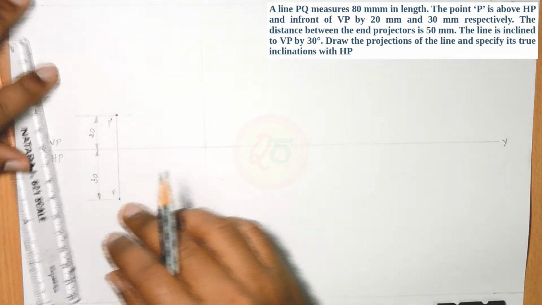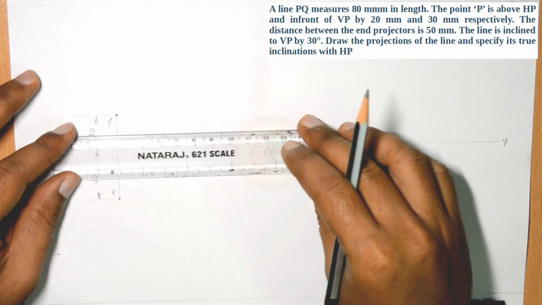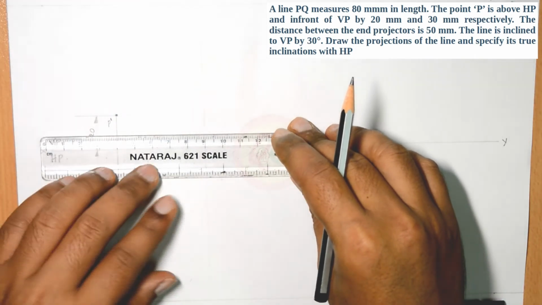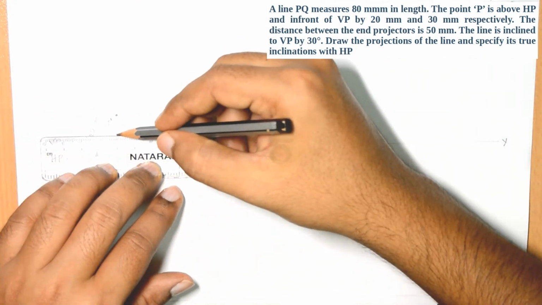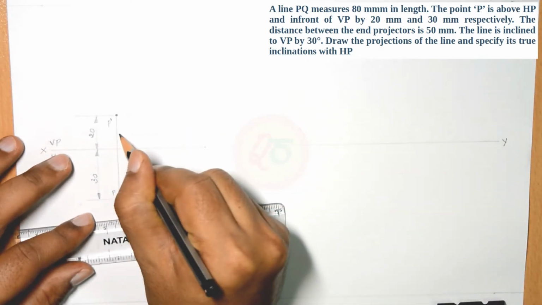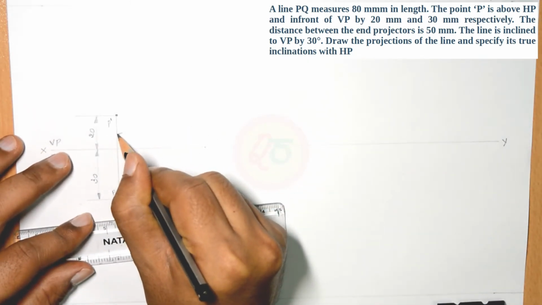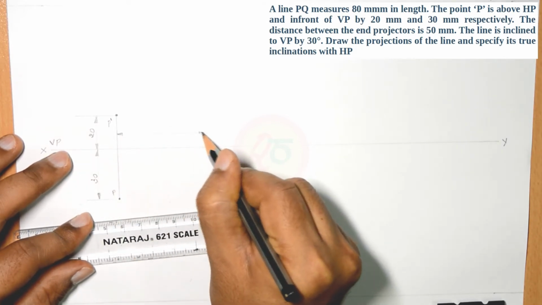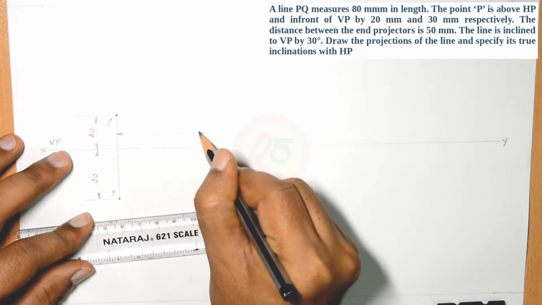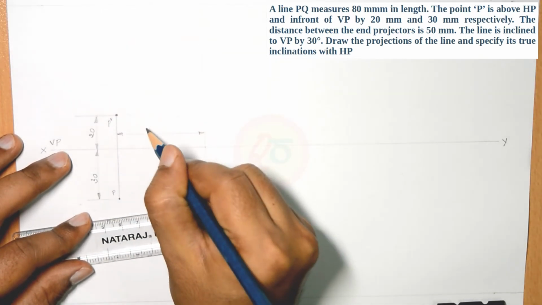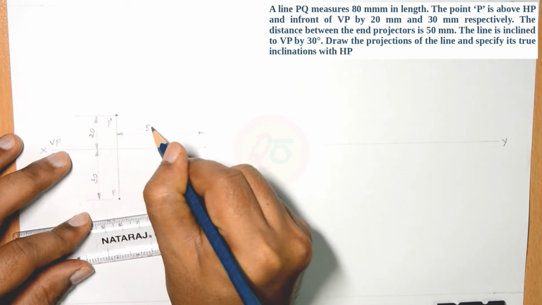Okay. So I'll mark the distance as well. Light lines, filled arrows, representation of the dimension using a 2B pencil, 50.